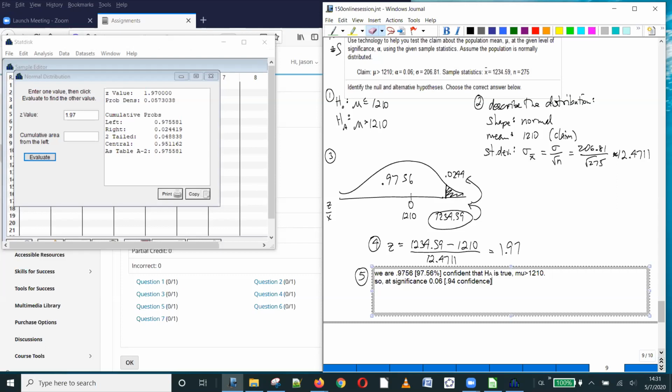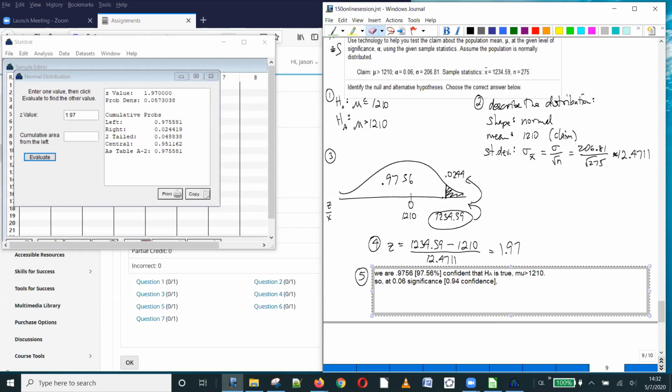So there are different ways to understand hypothesis testing. This is the way that I suggest because I think it makes the most sense. So 0.06 significance is the same as 0.94 confidence.